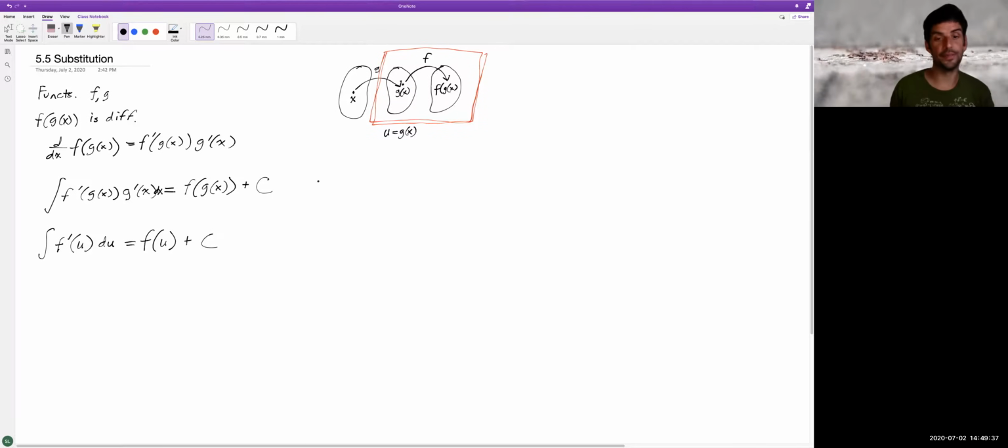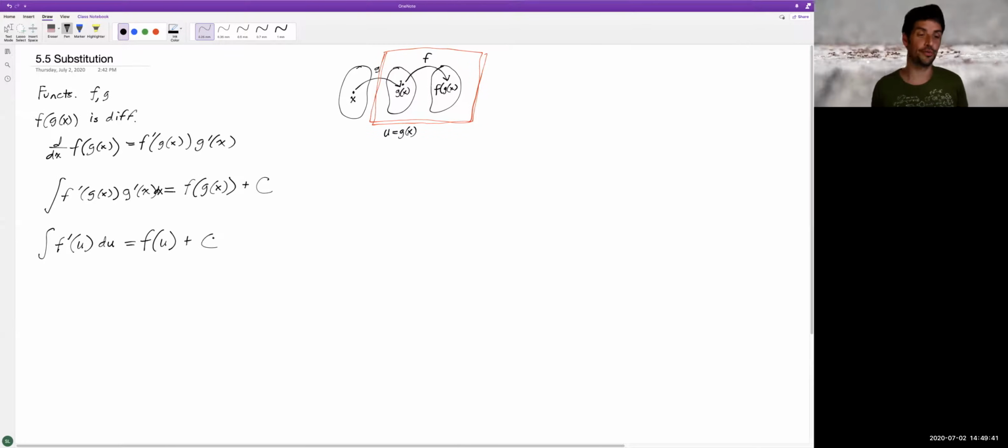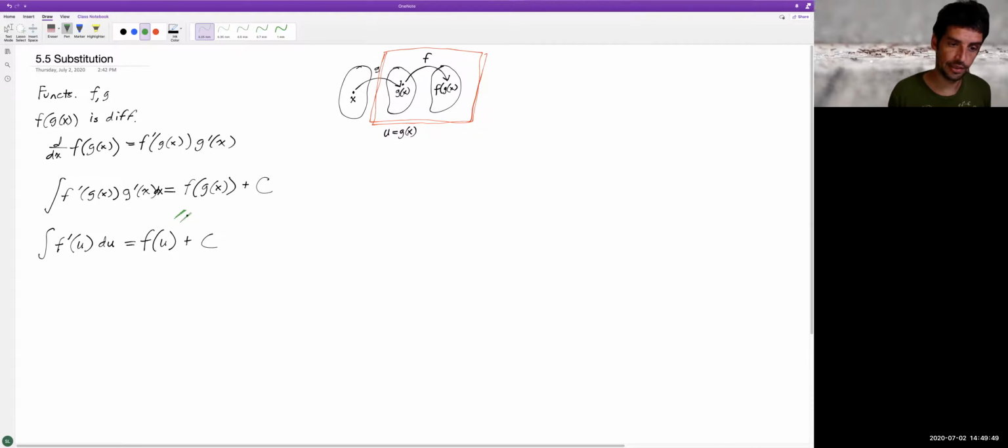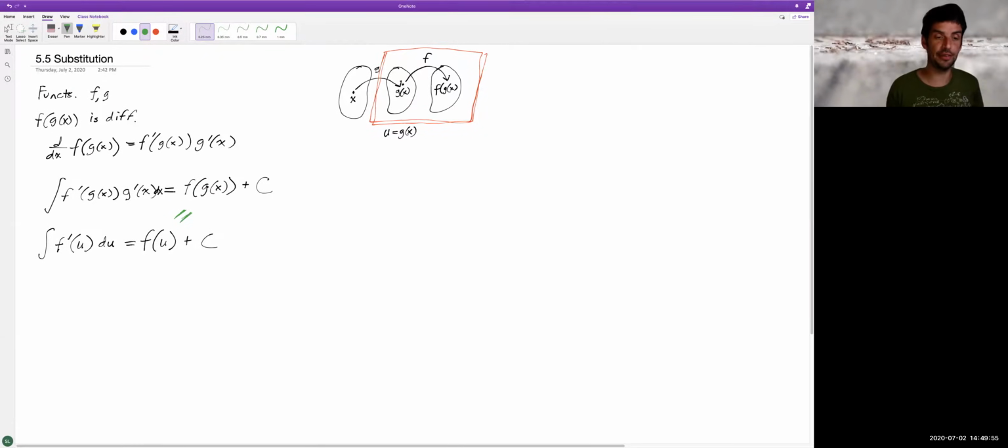Now notice something though, if u and g of x are really just different ways to write the same thing, then it must be the case that these two things are equal, f of g of x and f of u, right? If g and u are the same thing, then these two functions are equal. If g of x equals 2 and u equals 2, then f of g of x and f of u are exactly the same thing.